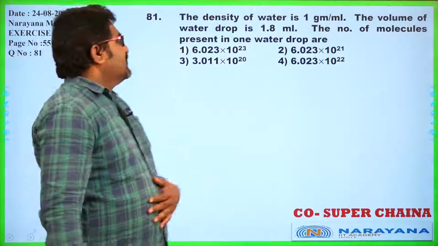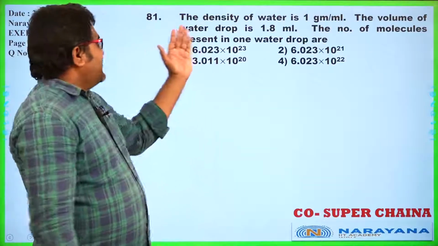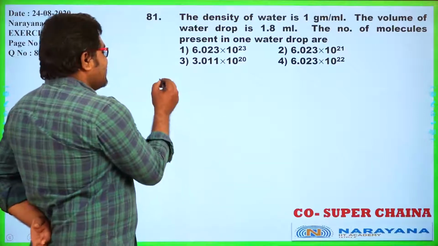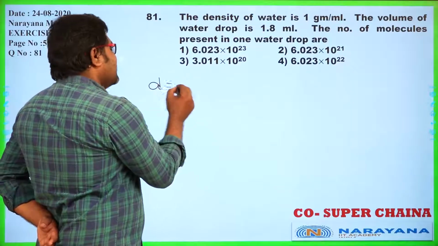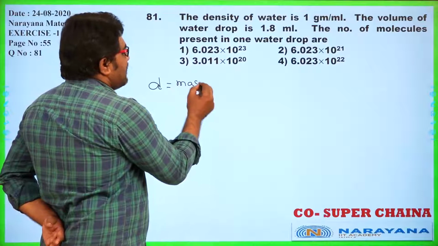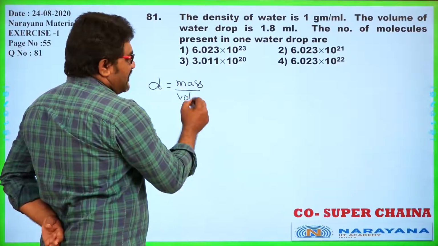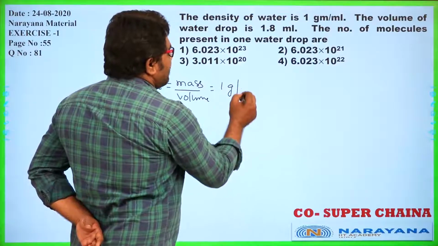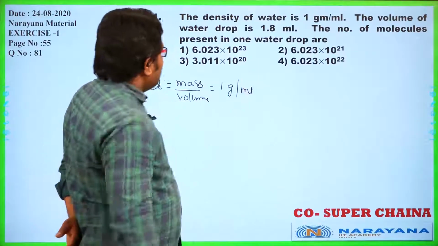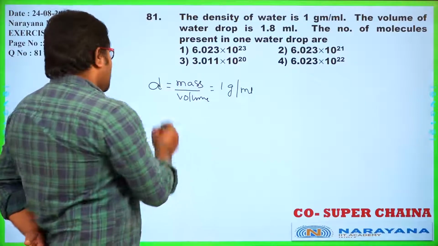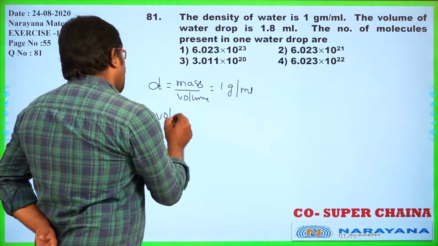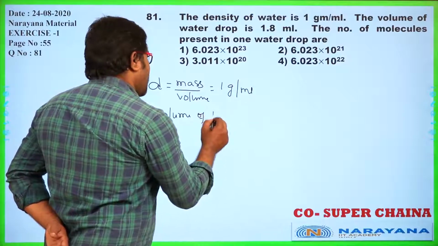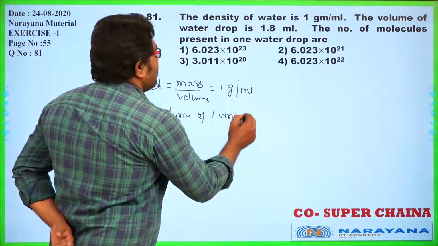Coming to here, the density of water is 1 gram per ml. So what has he given? Density, what is that? Mass by volume, that should be equal to 1 gram per ml. The volume of one water drop is how much?